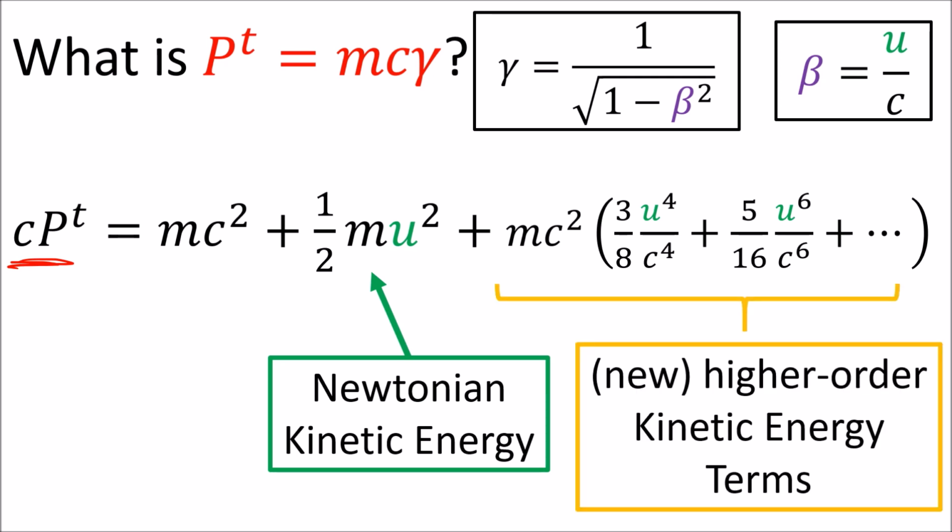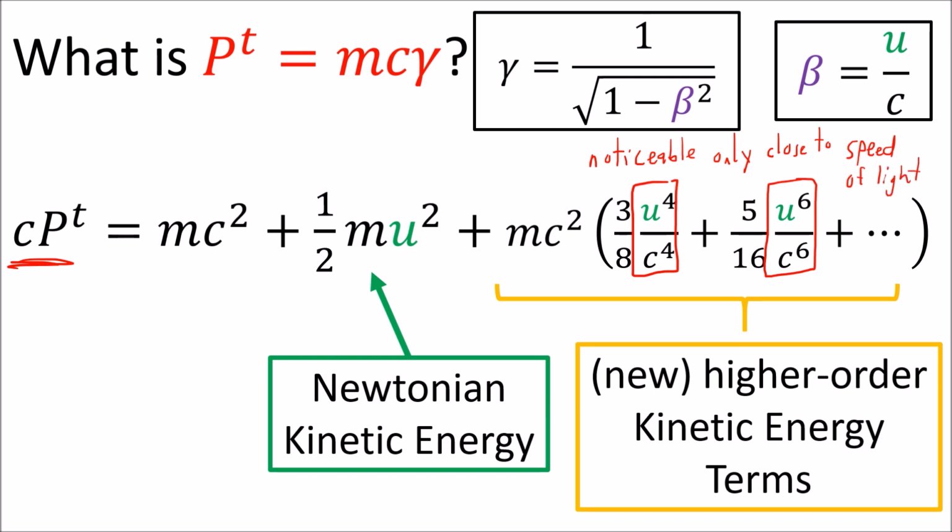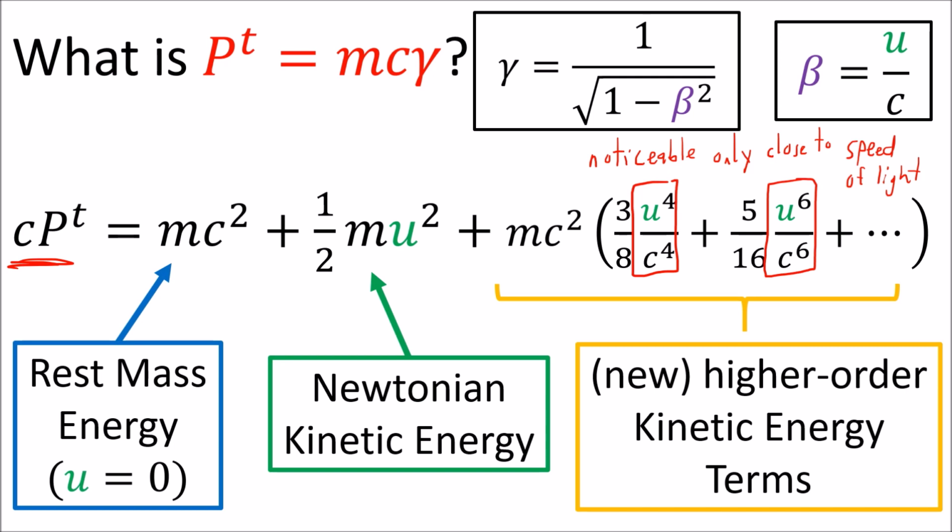This seems to imply that all these higher order terms are new kinetic energy terms that Newton didn't know about. Note that because of the u over c terms in here, these terms only become noticeable at speeds close to the speed of light, so it makes sense that Newton wouldn't have known about them. And finally, the first term doesn't contain any velocities at all, so it must be an energy that all massive objects have even when they are at rest.